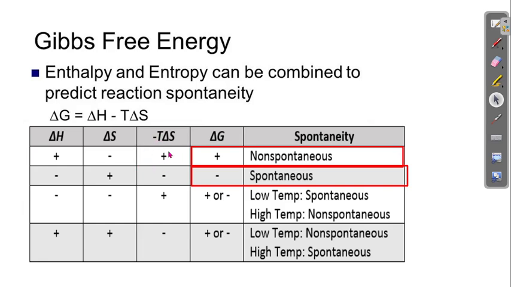But the combination is positive because that's negative times negative, okay? Then the change in Gibbs free energy is positive, and by definition that means it's not spontaneous, or non-spontaneous.